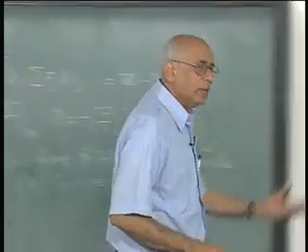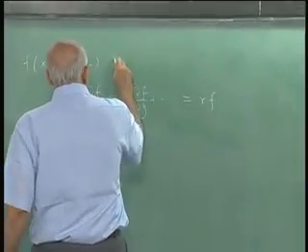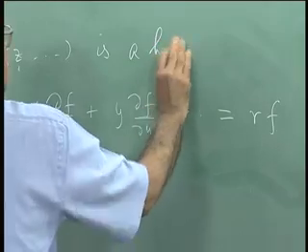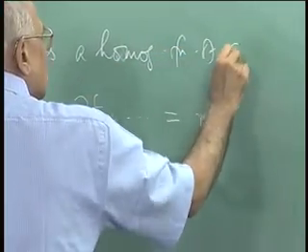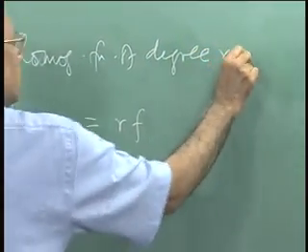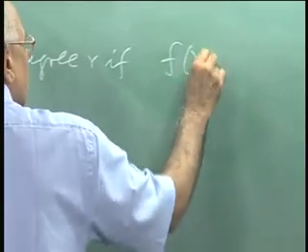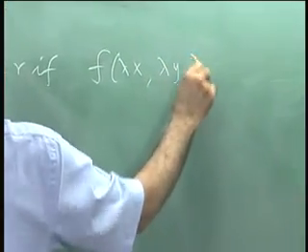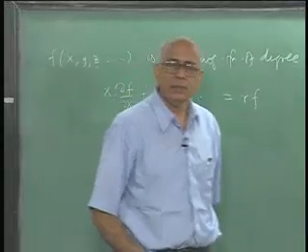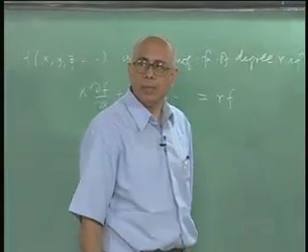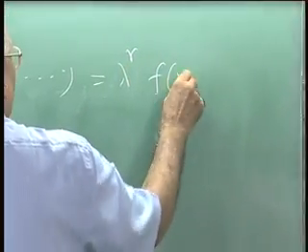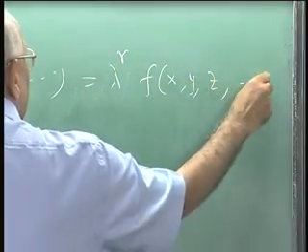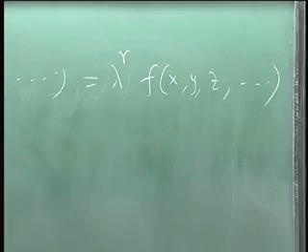Or another way of saying it is that this is a homogeneous function of degree r if f of lambda x, lambda y, lambda z and so on, where lambda is some constant, you change all these variables, you scale them up by some lambda, is equal to lambda to the power r f of x, y, z, etc. This is what is meant by homogeneous function.